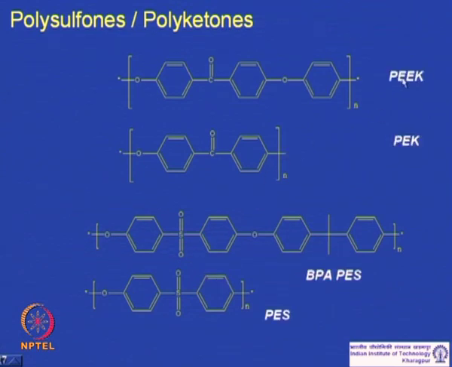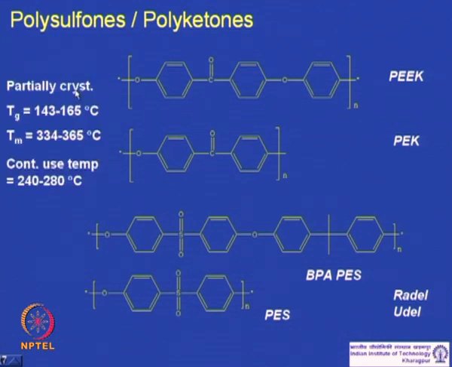So, this is polyether ketone, this is polyether ketone, this is bisphenol A polyether sulfone, and this is simply called polyether sulfone, and these are the trade names of these polymers. They are sold as Radel and Udel.